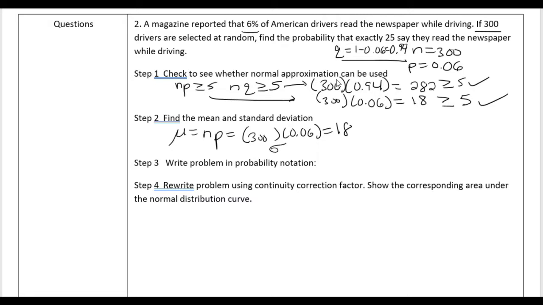The standard deviation is the square root of npq. So 300 times 0.06 times 0.94. Let's get what that number is now.